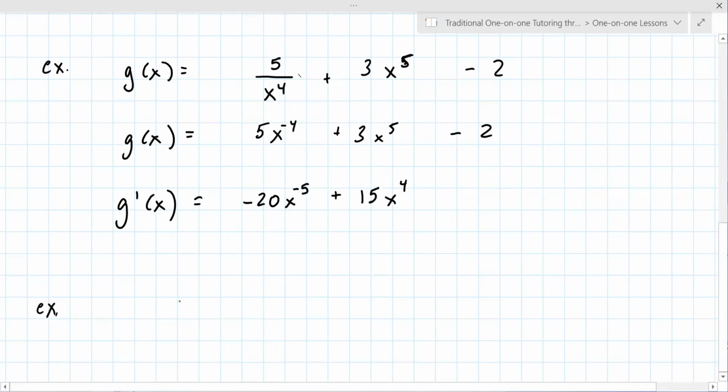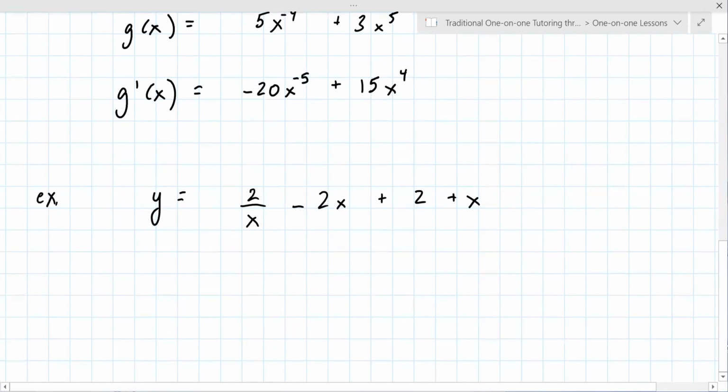Let's look at another one. Let's say y is equal to 2 over x minus 2x plus 2 plus x. Let's do the derivative of this. Again, it's good to rewrite. So y equals 2x to the minus 1, and now we're ready to take a derivative. This is the calculus step.